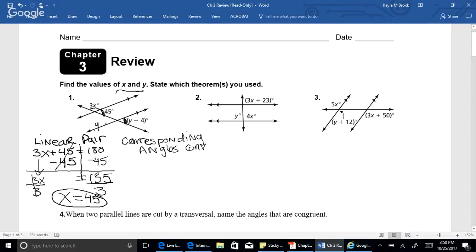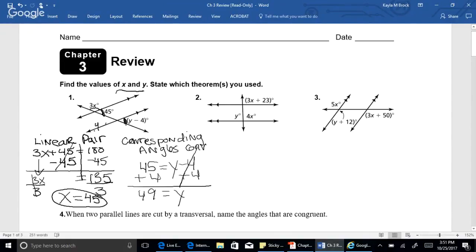Corresponding angles are always congruent, so I write 45 equals y minus 4. And to get the y by itself, I'm going to add 4 to both sides of the equation. I'll get 49 equals y.